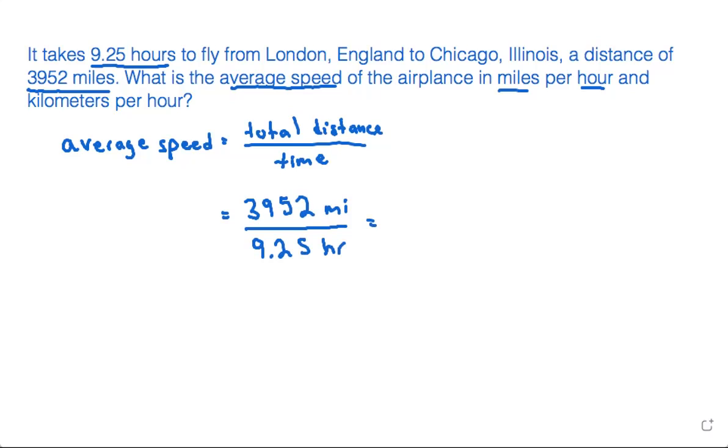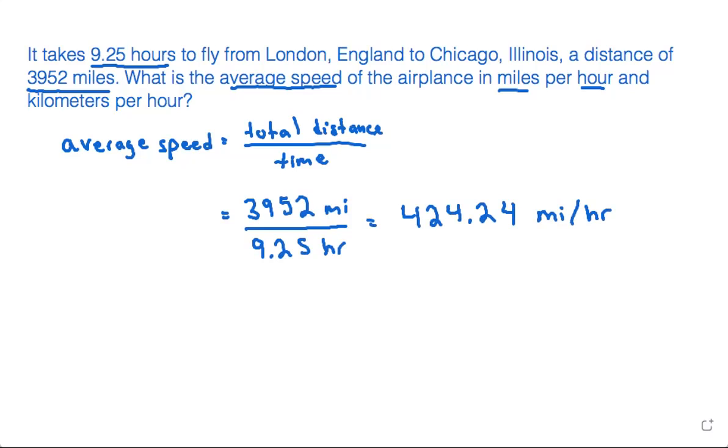And that gives us, if we do 3,952 divided by 9.25, 424.24, and it continues, miles per hour.